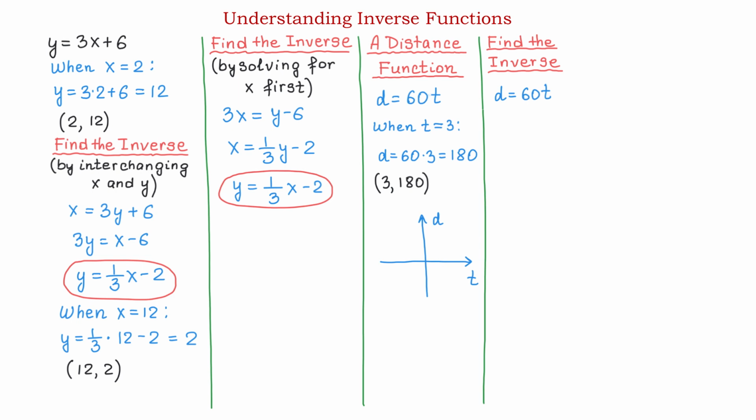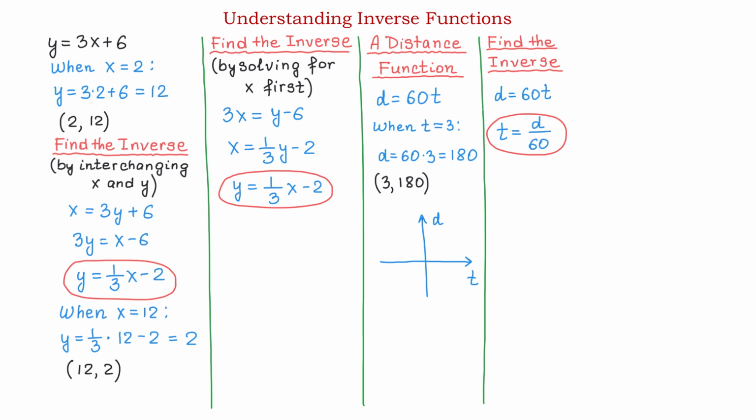So, if we divide both sides by 60, then we will have t equals d divided by 60. And this is the inverse function where the input variable is d and the output variable is t. And if we replace d with 180, then indeed 180 divided by 60 is 3.